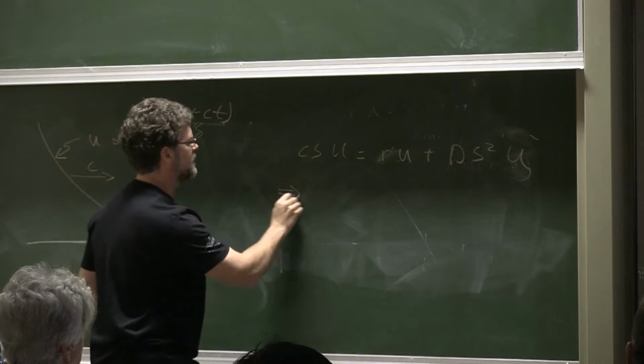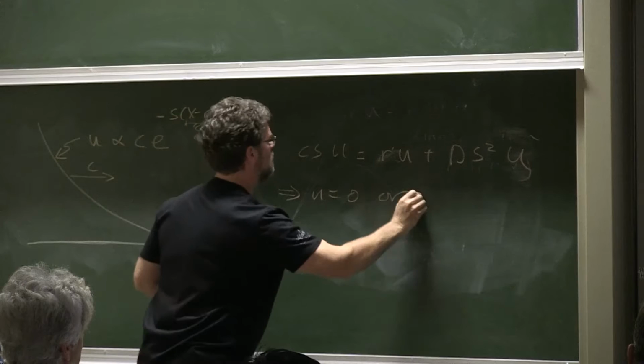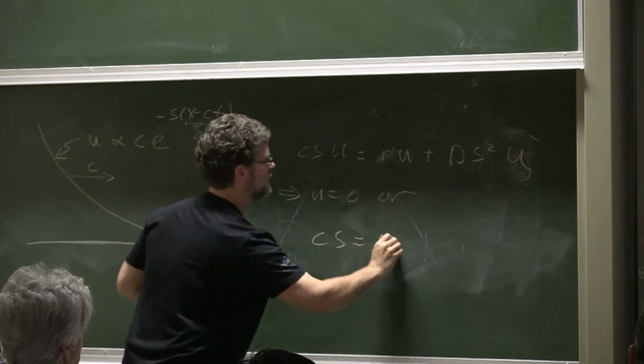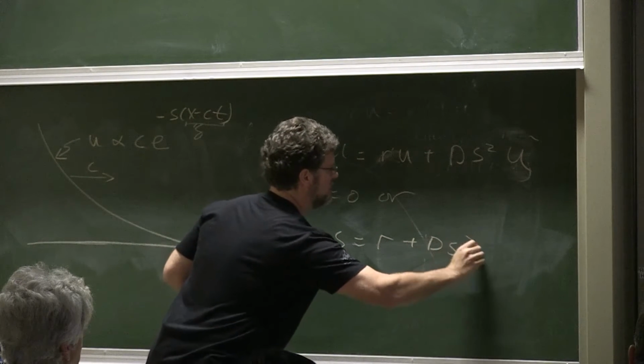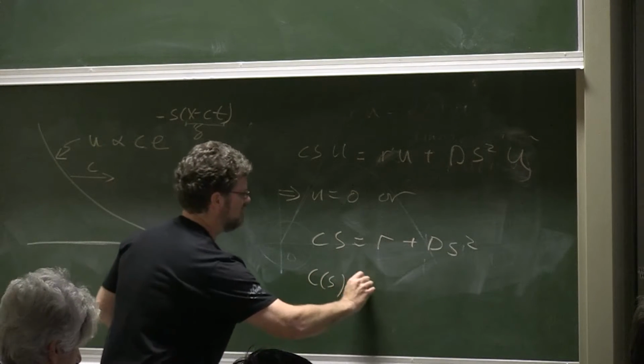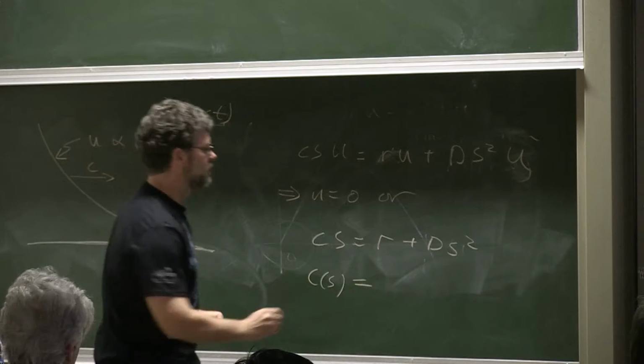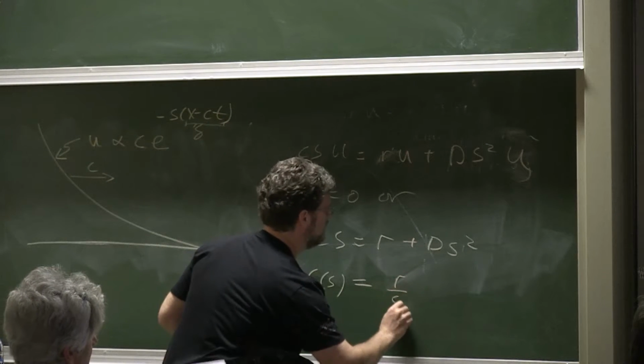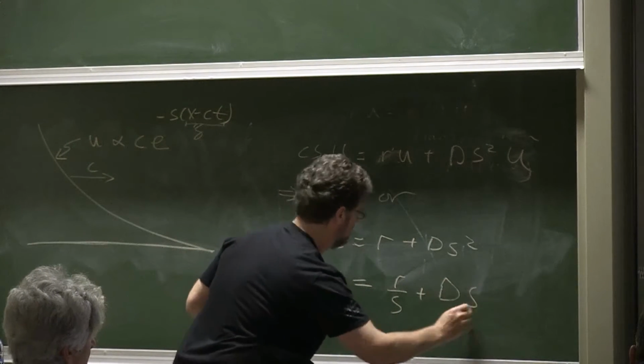And so this says either u is equal to 0 or c times s is equal to r plus d s squared. So we can think of c of s being r over s plus d times s.